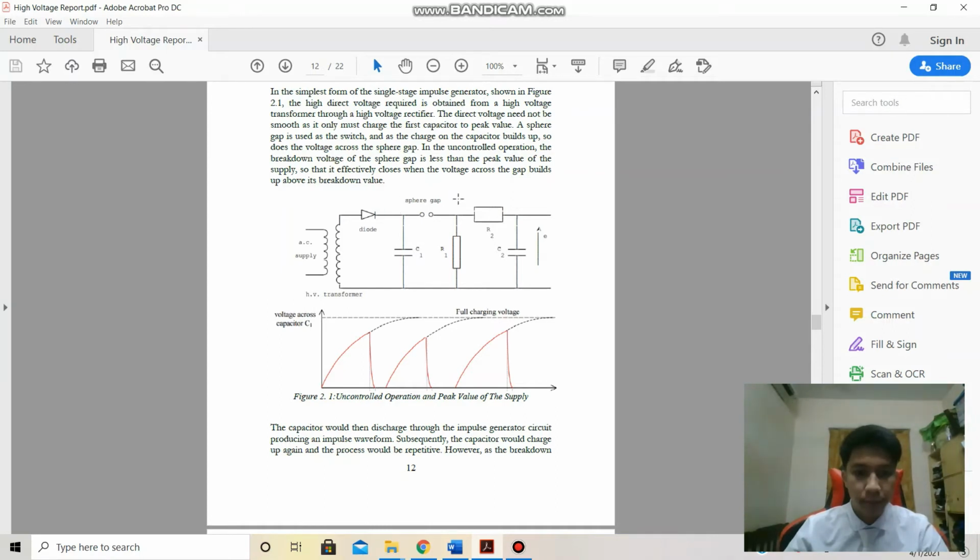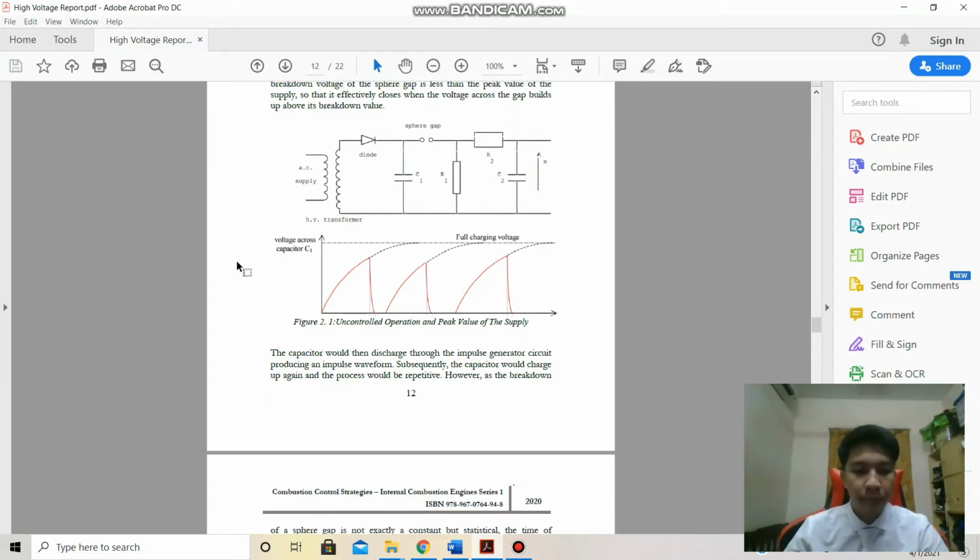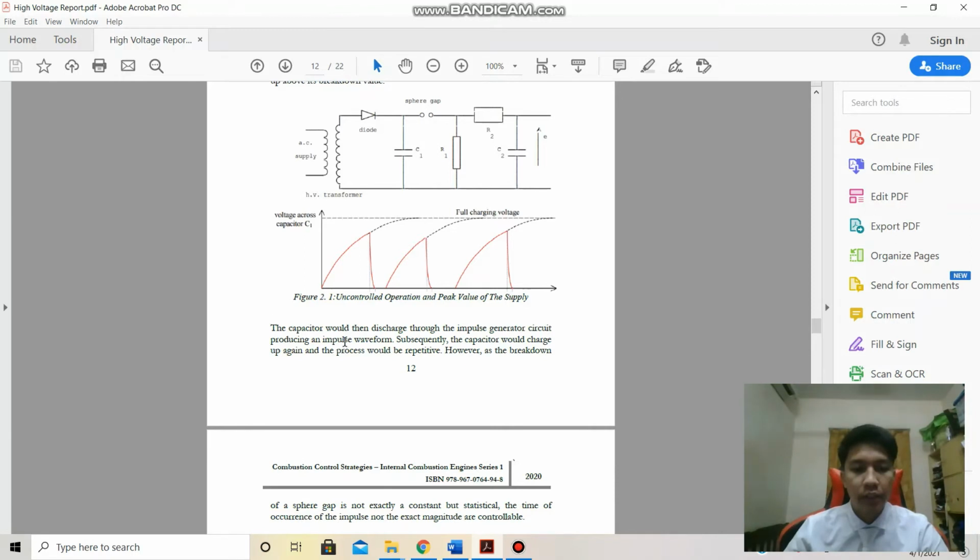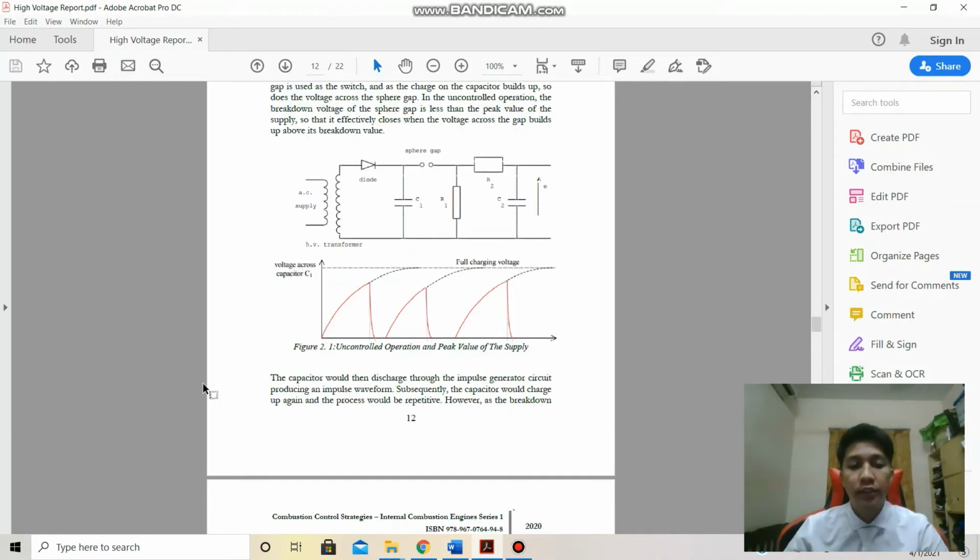This is the sphere gap. And then the capacitor will discharge through the impulse generator circuit, producing an impulse waveform. Subsequently the capacitor will charge up again, and the process will repeat.